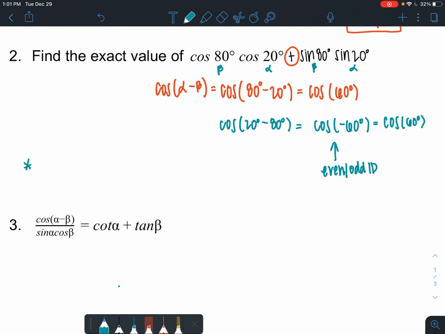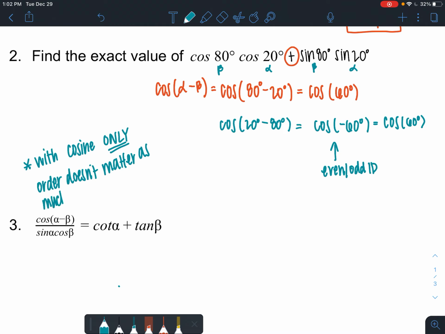So with cosine, and I want to write with cosine and cosine only, order doesn't matter as much. And that is because of the even-odd identity. That is not true for sine or the others.